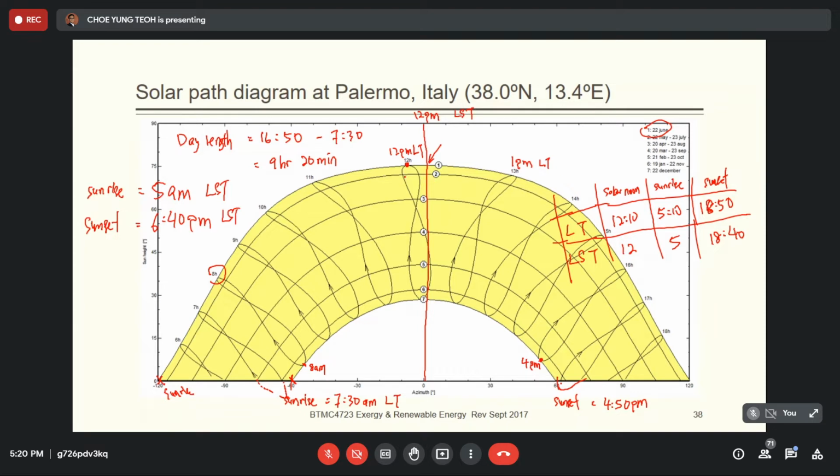Even both on line 2, one is May, one is July, you can see they're different. You cannot simply change it. So for every line, we have to find the difference every time. Cannot apply for others. Okay, so from here we can get the sunrise and sunset time in LST, local solar time.